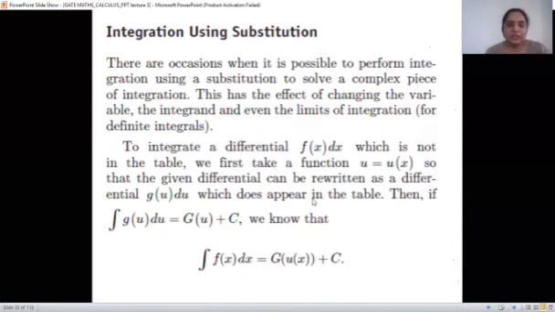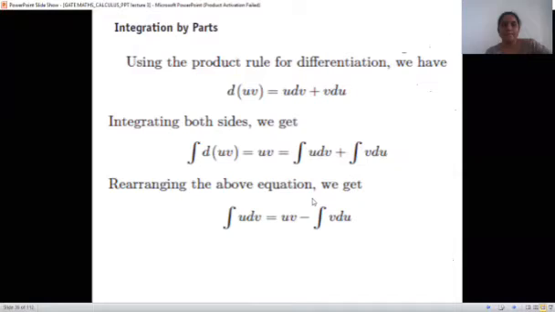Okay, standard integration solving. First is by using some substitution. We can use some substitution and solve. Next, integration by parts. This one you need to note. Derivative of u into v is u into derivative of v plus v into derivative of u.